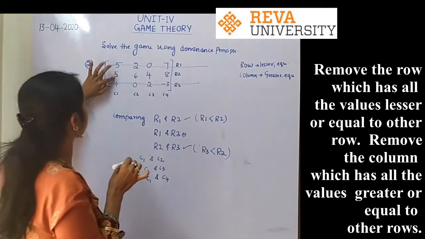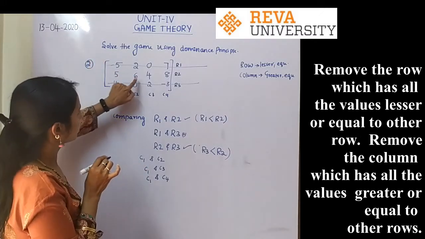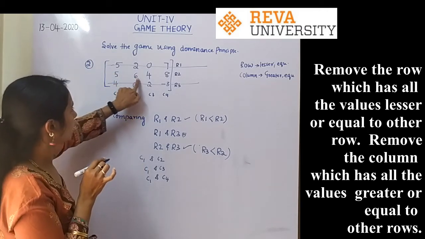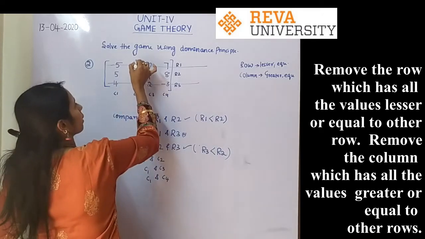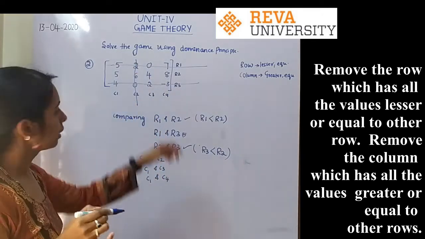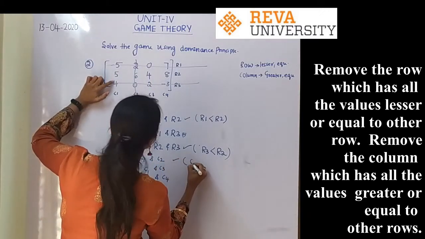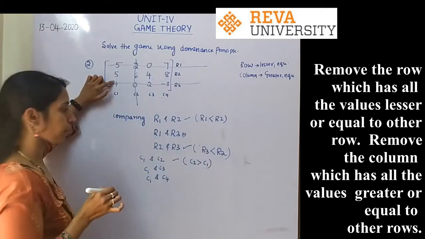First we'll finish this. 5 is compared with 6, and 6 is greater here, so this greater one will be eliminated. This holds good wherein the C2 value is greater than the C1 value.